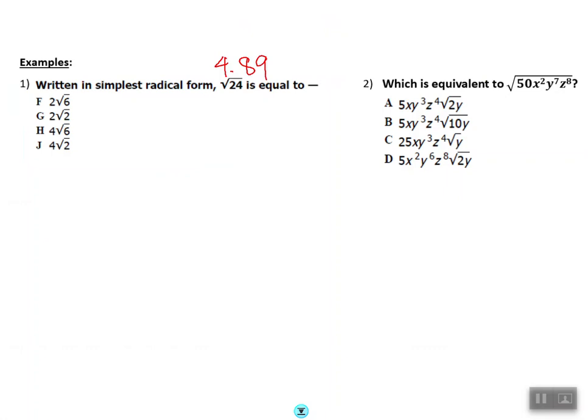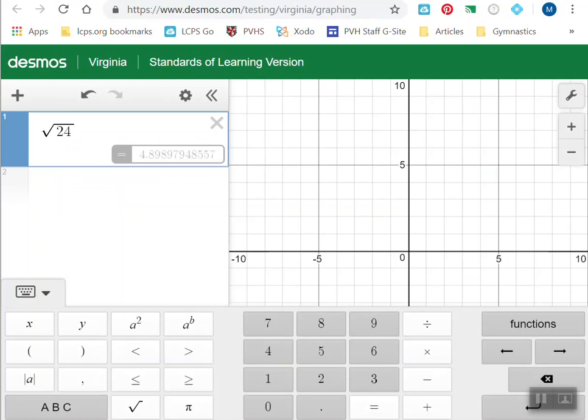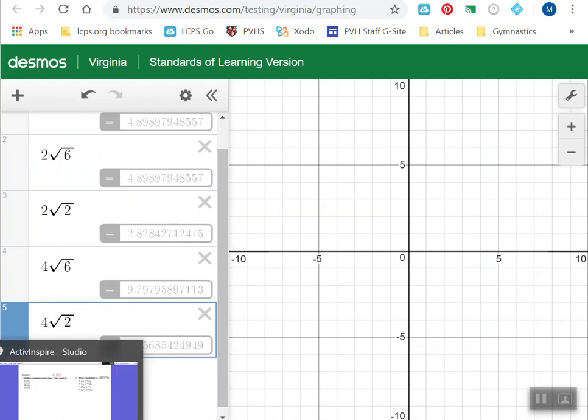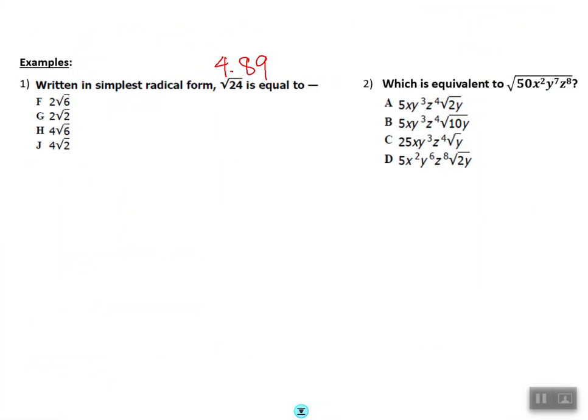Now, I'm going to type all of these answer choices into Desmos to see what decimals I get for those. And I'm going to write down each of these decimals on my paper. Again, I'm not going to write the whole decimal, I'm just going to write the first couple places. So answer choice F gave me 4.89.